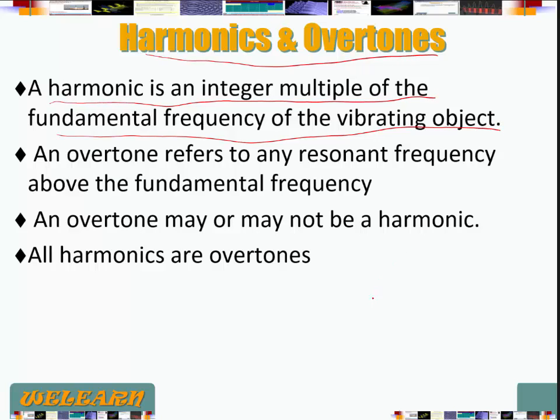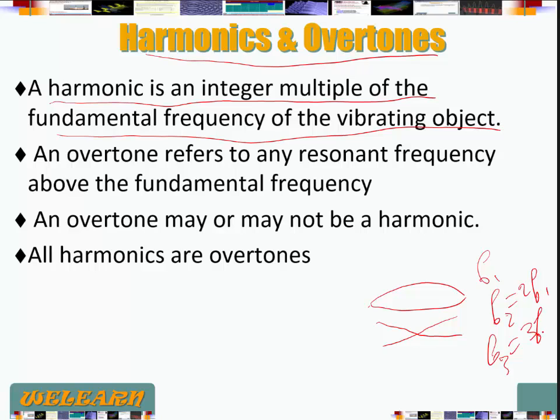When it was fixed at both ends, or when it was open at both ends, the harmonics were integer multiples of the fundamental frequency. So we had f1, and then f2 is equal to twice f1, then f3 is equal to 3f1, etc. So all harmonics are integer multiples of the fundamental frequency, or the first harmonic.